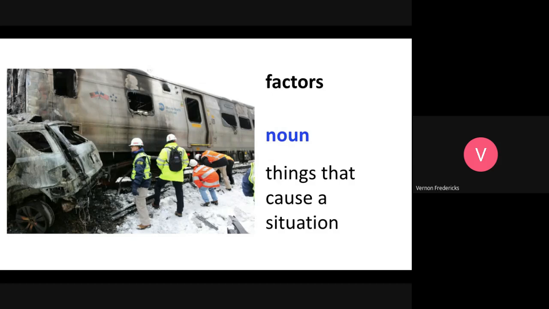What went wrong? Maybe the car was driving over the railway tracks and it stopped there. Yeah, maybe it couldn't move any further and maybe the train ran into it. Yeah, those could be the reasons why we have this situation. What are the reasons? What are the factors that caused this problem? Okay.